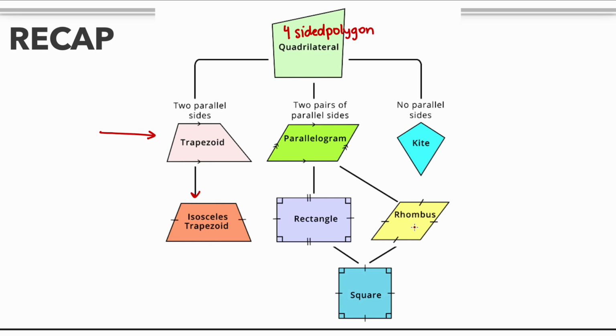So if you think about what the characteristics are, you can say, for example, an isosceles trapezoid has all the characteristics of a trapezoid, just like the rectangle has all the characteristics of a parallelogram. So if you're moving up the chart, it will have all the characteristics of above.